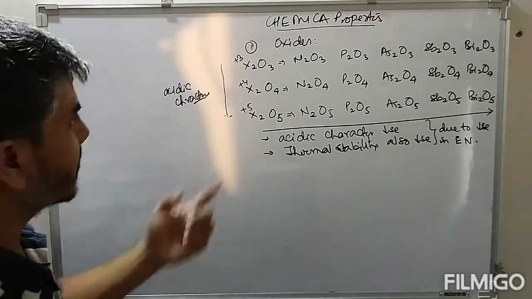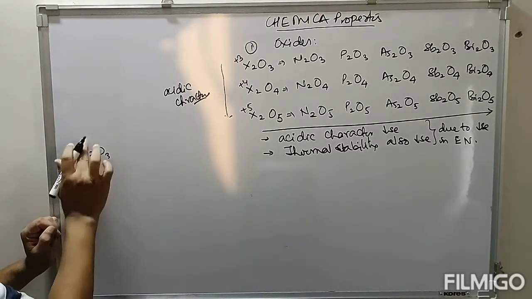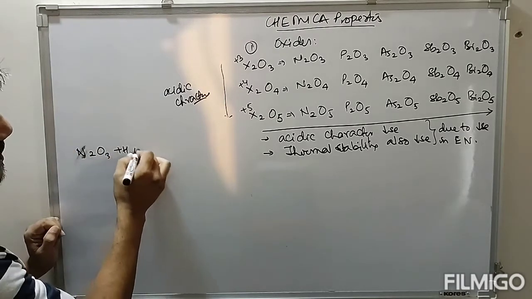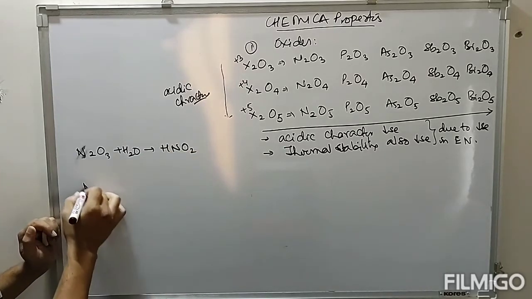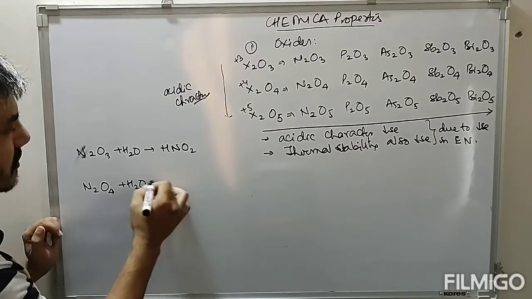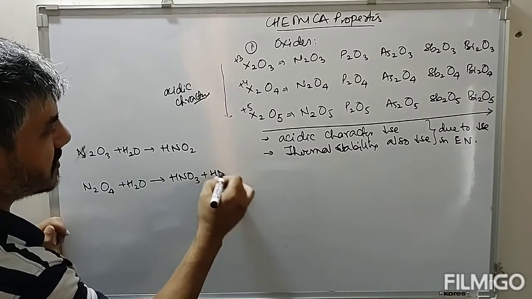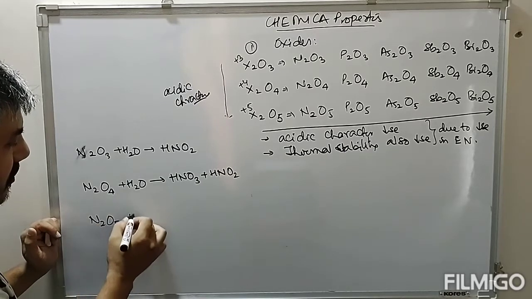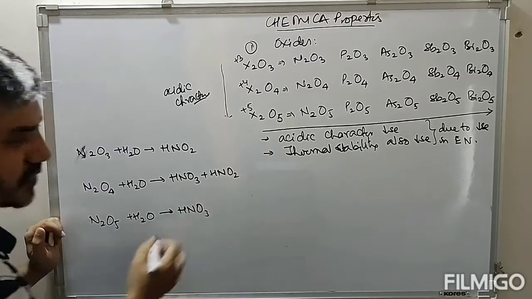Now taking up this, look at this. With E2O3, suppose this nitrogen, N2O3, on hydrolysis gives you nitrous acid. N2O4, on reaction with water, hydrolysis, gives you a mixture of HNO3 and HNO2. Whereas N2O5, on hydrolysis, gives you HNO3.